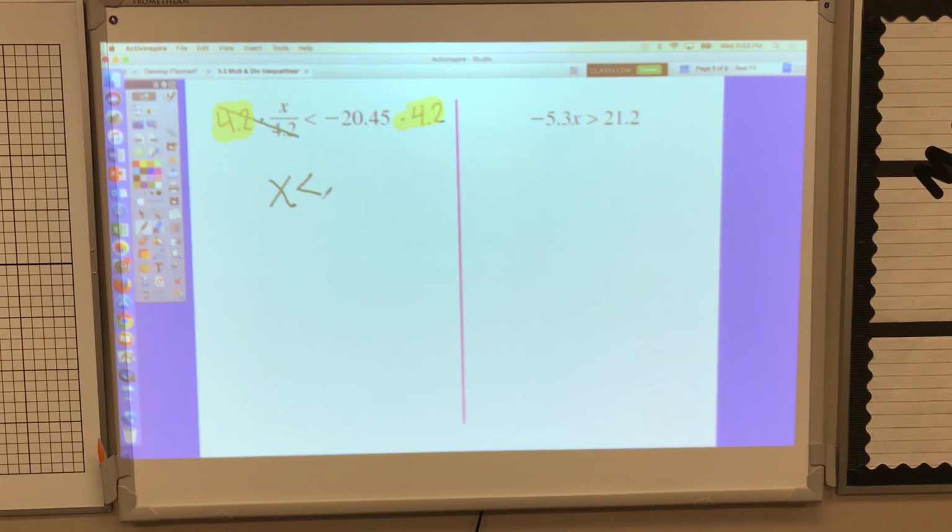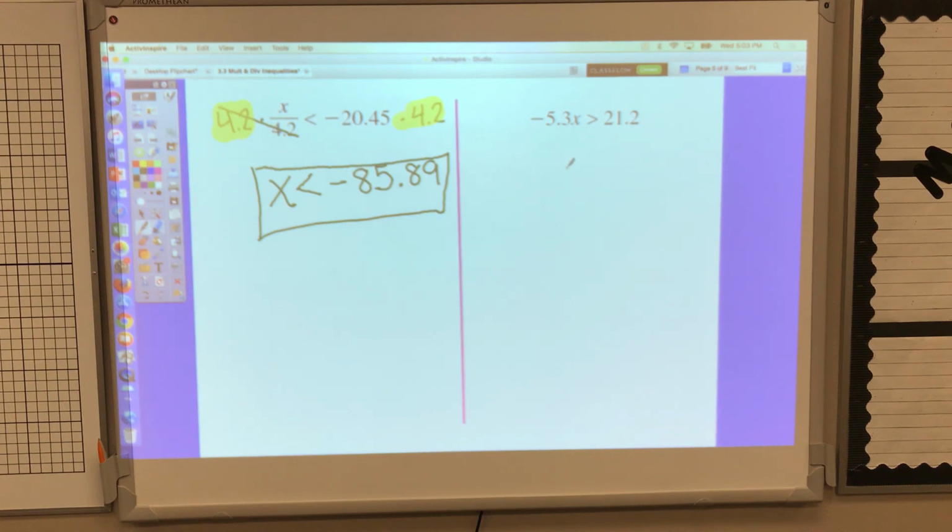Even though there's a negative in the problem, it's not by the change I do on both sides. So when I take 4.2 times a negative 20.45, I get a negative 85.89. It started as a decimal, so I want my answer to remain as a decimal.